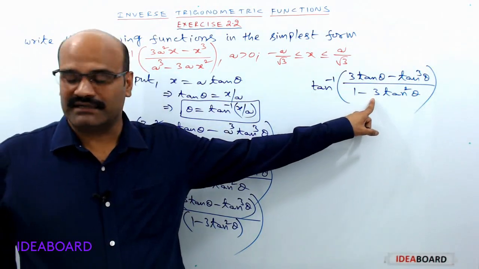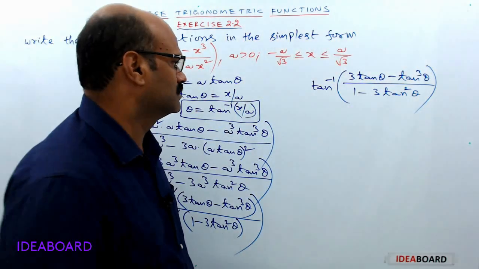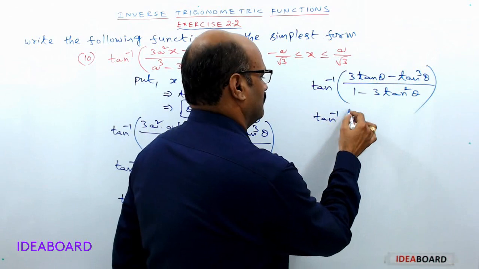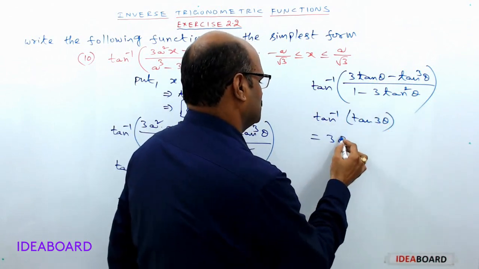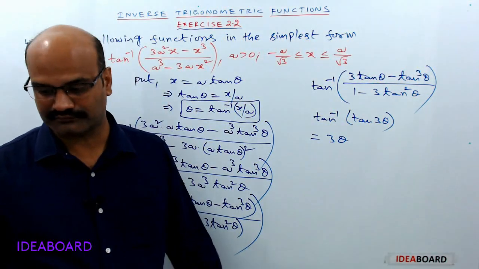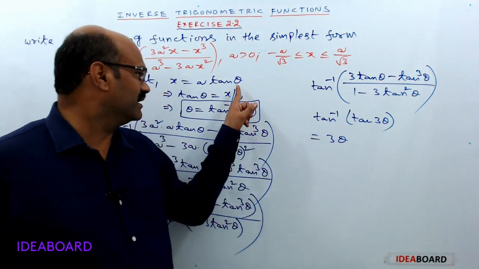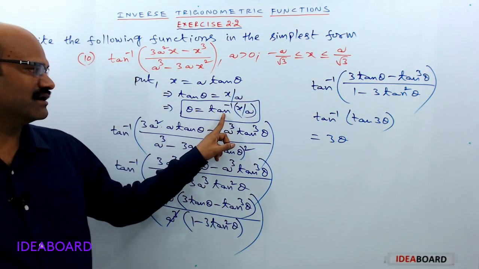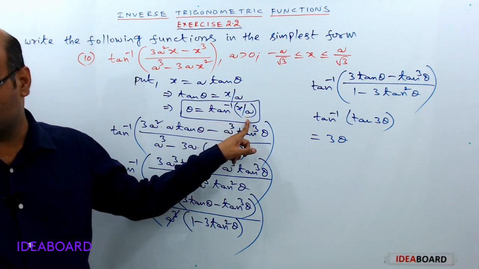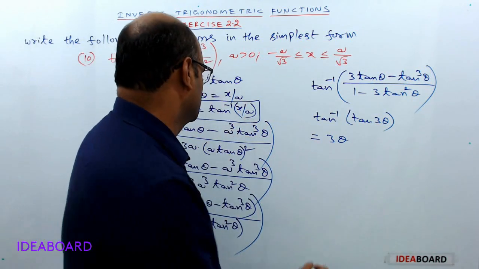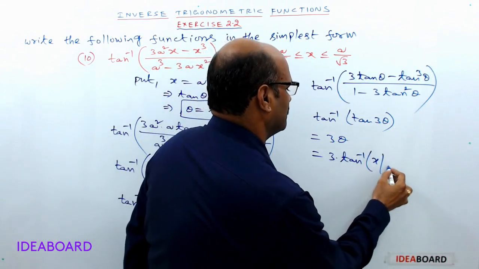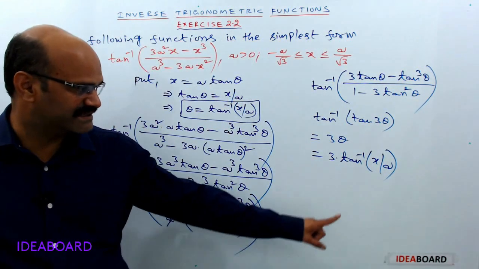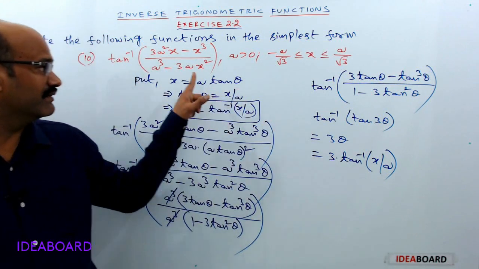This is the formula for tan 3 theta. So tan inverse of tan 3 theta equal to 3 theta. Here theta equal to tan inverse of x by a. So it's equal to 3 into tan inverse of x by a. This is the simplest form of the given problem.